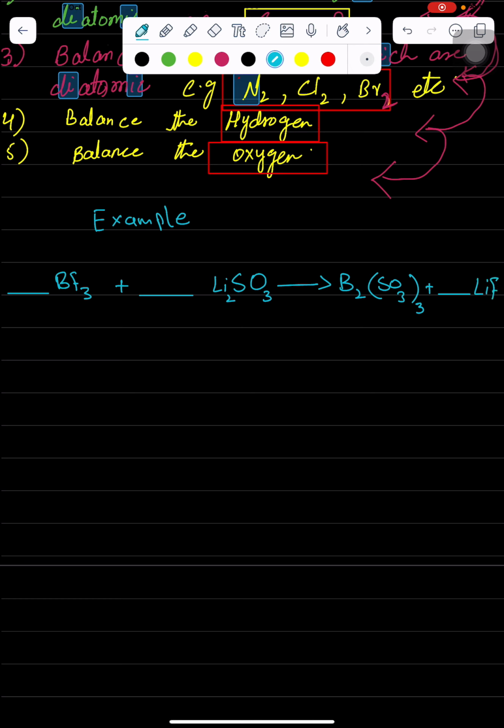So we have BF3 plus Li2SO3 goes to B2(SO3)3 and lithium fluoride.